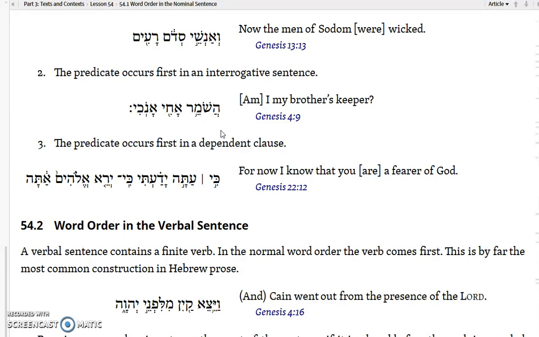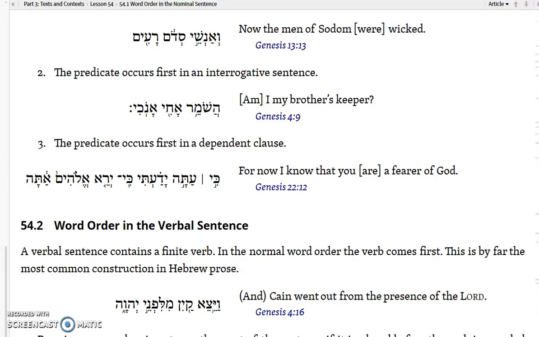And in interrogative sentences, the predicate often comes first, just as in English word order, when you're making a question. You say, you love me, but then you can make it a question, do you love me? And then you put a verb, part of the verb at least, at the first.